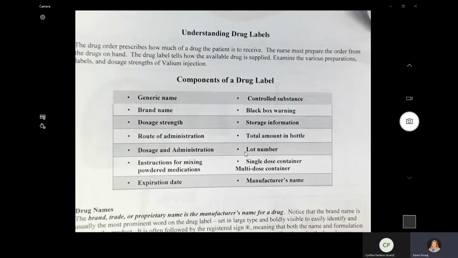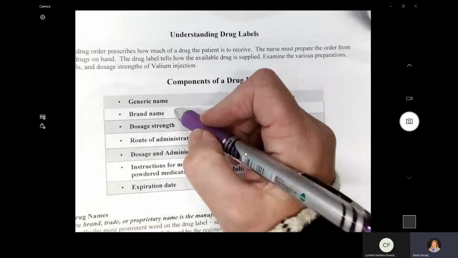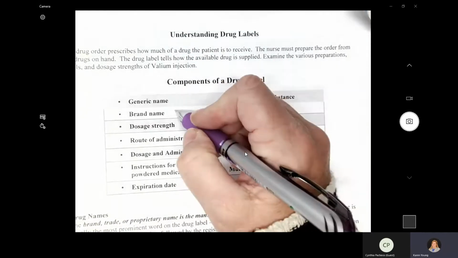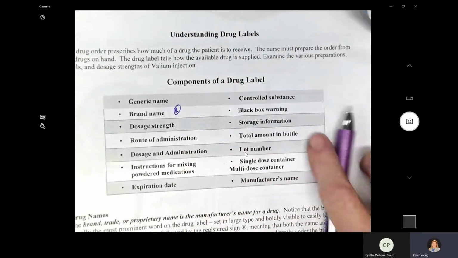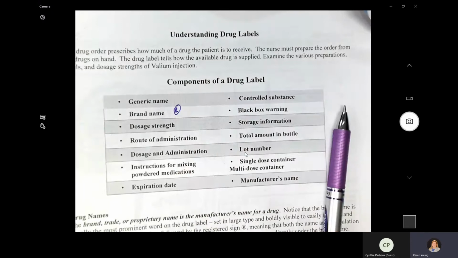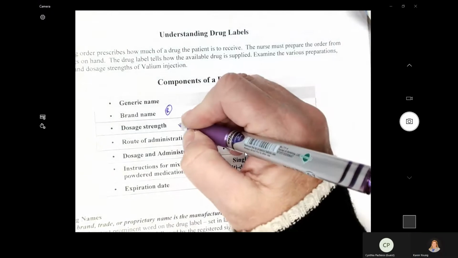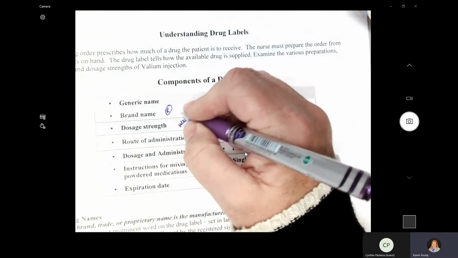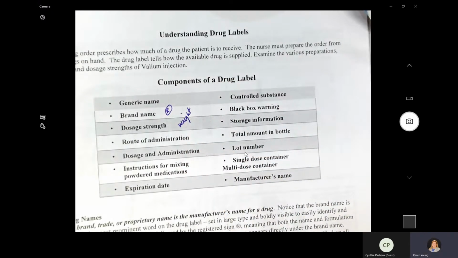On the components of the drug label, you've got your generic name, you've got a brand name. A brand name is going to have a registration mark, an R that's circled. It stands for registered, or it's a trademark symbol. We have our dosage strength, which is the weight of the medication, how much of the drug is in the tablet or in the milliliters.